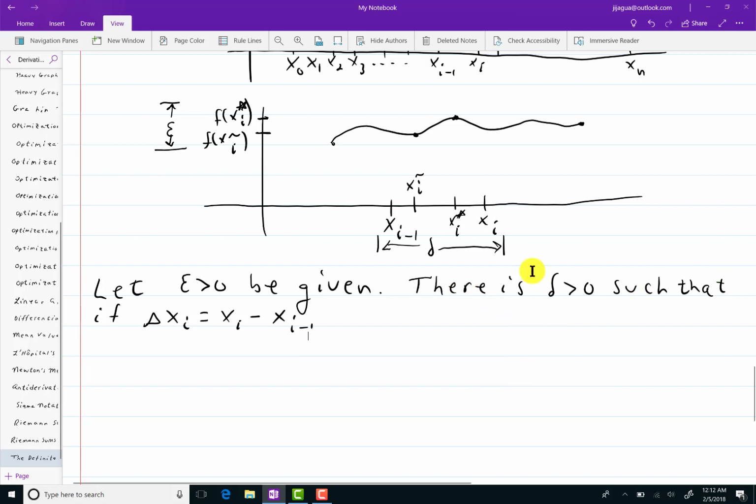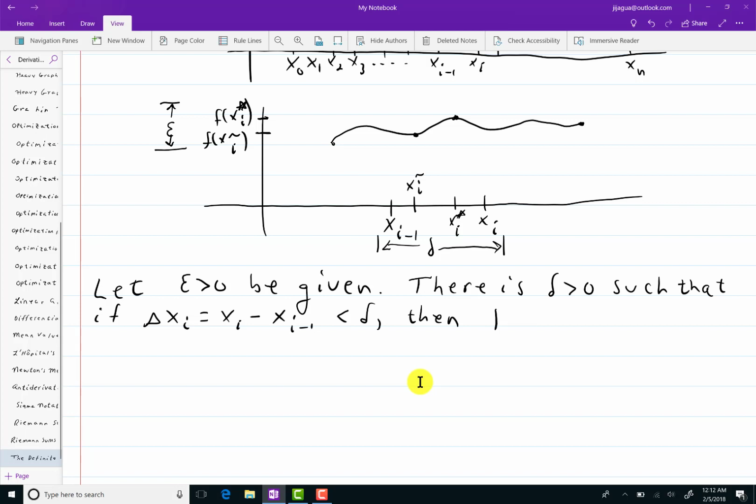There is a delta such that if delta x sub i is less than delta, then f, I do not need absolute values at all because one is bigger than the other.